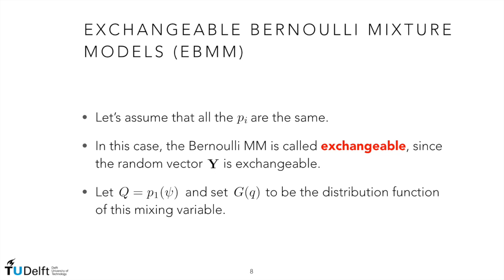Because we are assuming that all the PDs are the same, the counterparty we choose does not really matter. Set G(Q) to be the distribution function of this mixing variable. For the Bayesians among us, G(Q) plays the role of the de Finetti measure. The defaults are IID conditionally on Q.